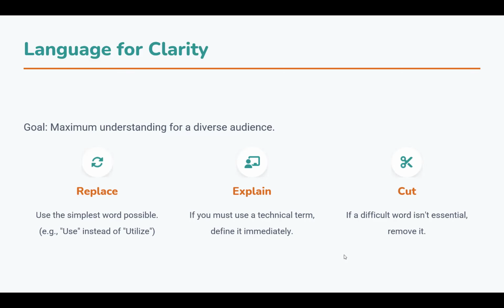Whenever there is a technical term or a theory coming in, define and explain it in the simplest possible way, maybe with an example, or with a real definition in the simplest language possible. And the third principle for clarity is, if a difficult word is not essential, remove it.